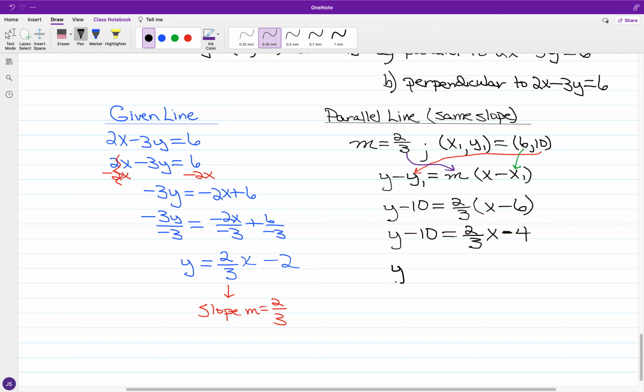And now finally getting y by itself, we're looking at adding 10 to both sides. And so y is equal to 2/3 of x, and negative 4 plus 10 comes out to 6.